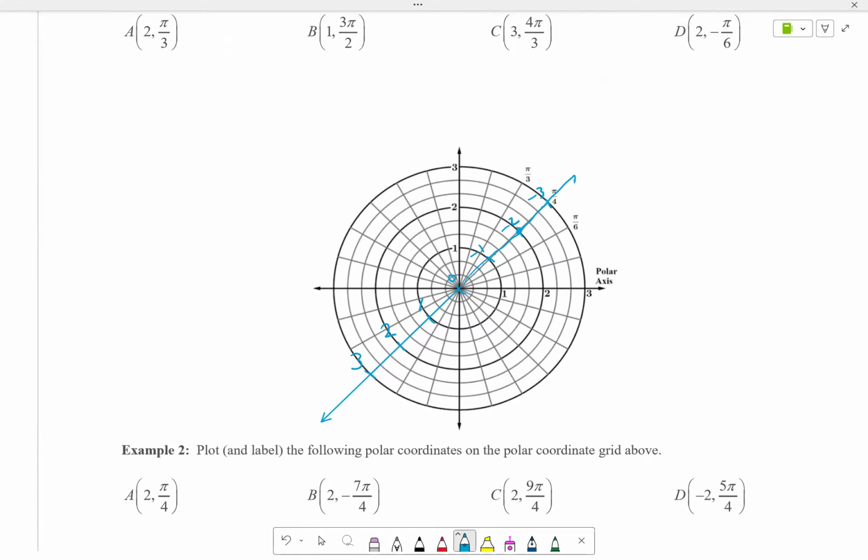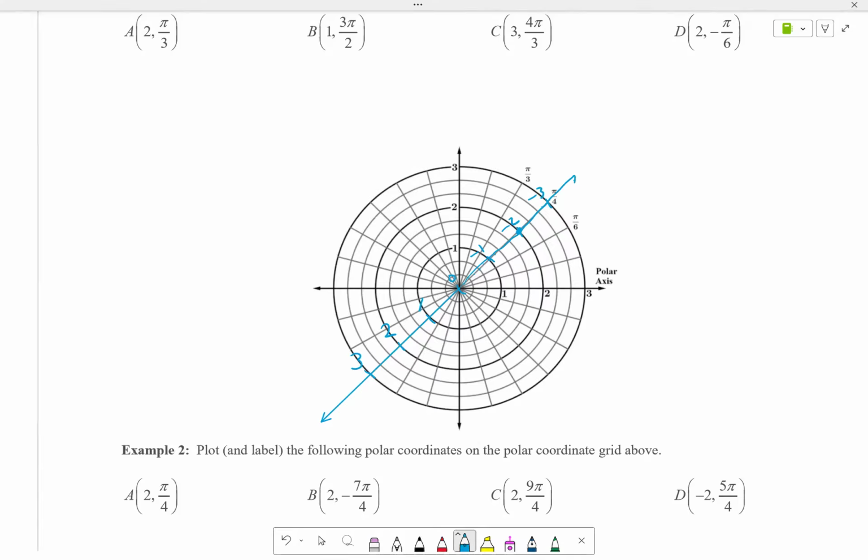Yes, Matthew. So when we have one of these problems, you start at zero and count normally, and then you just go to the other side. Perfect, exactly.